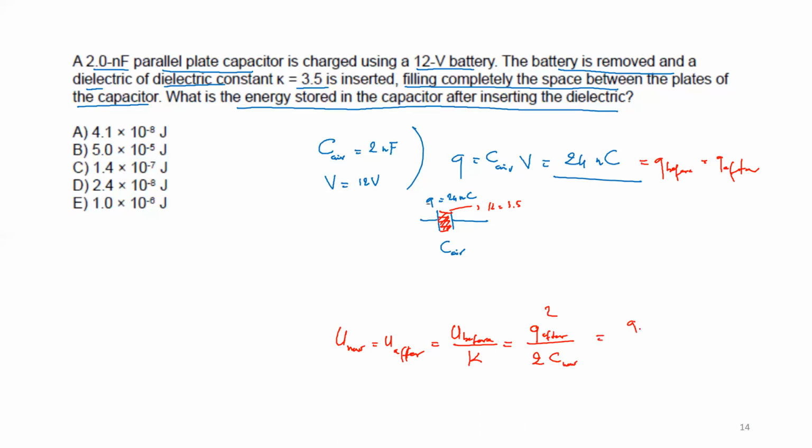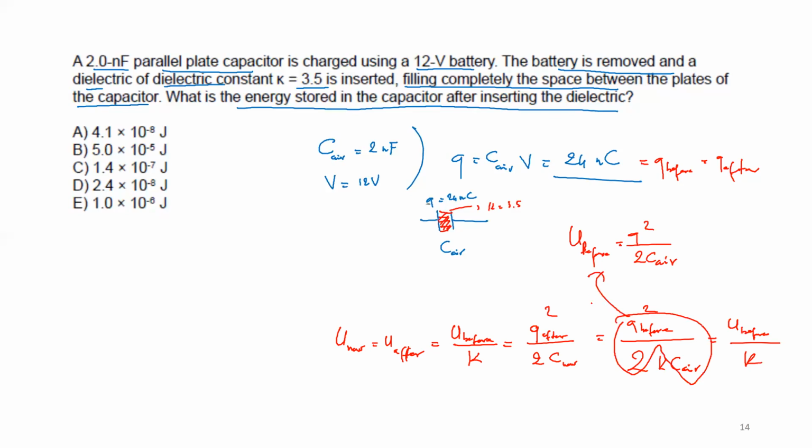So this is Q before squared divided by 2 times C new, meaning with a dielectric. But C new is just kappa times CA. Okay. And this is just U before divided by kappa. You remember U before was Q squared divided by 2CA. Basically this is U before.